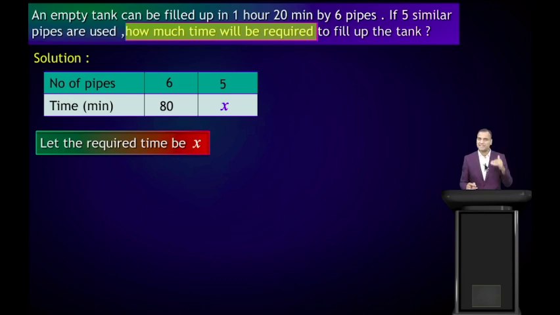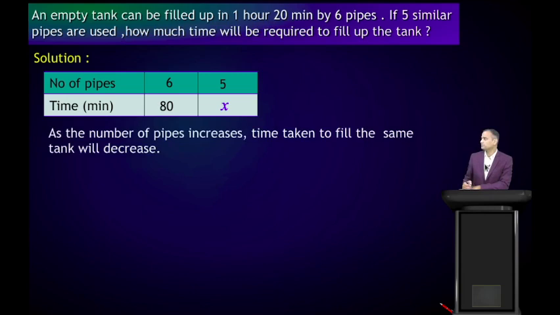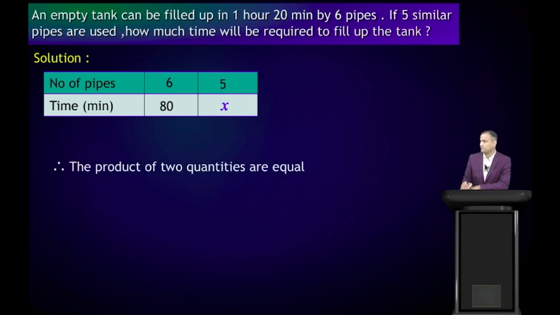Now the number of pipes is less, so the time taken to fill the tank will be more. As the number of pipes increases, the time taken to fill the same tank will decrease. It is the case of indirect or inverse proportion again.